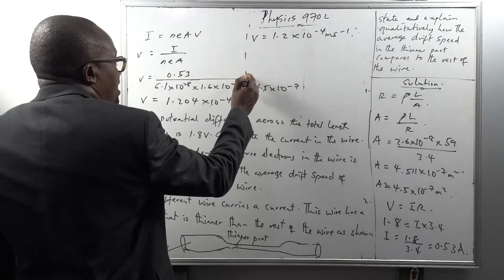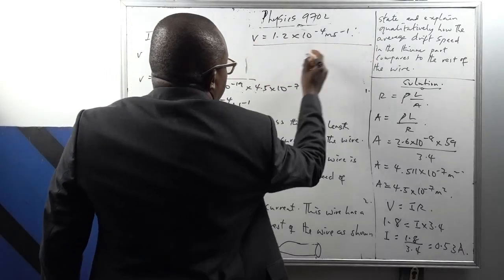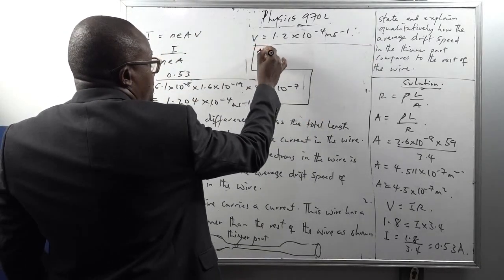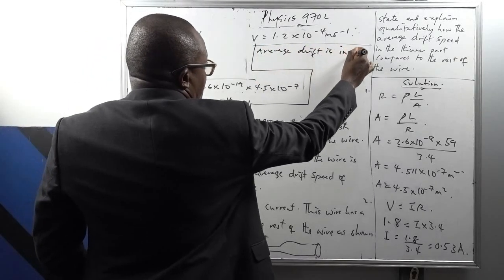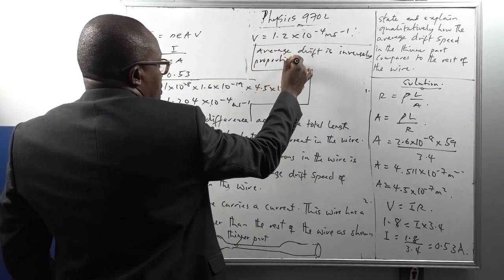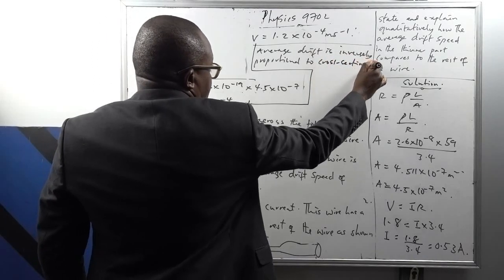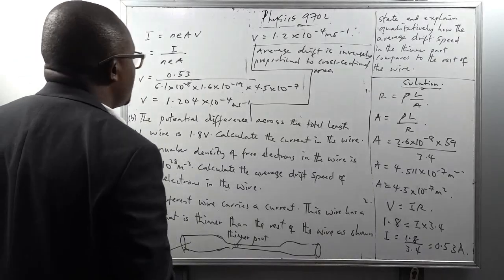We can easily say: average drift speed is inversely proportional to cross-sectional area for constant current.